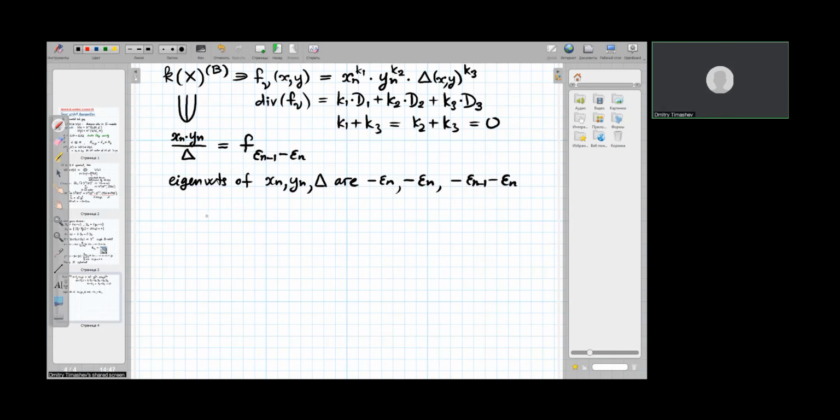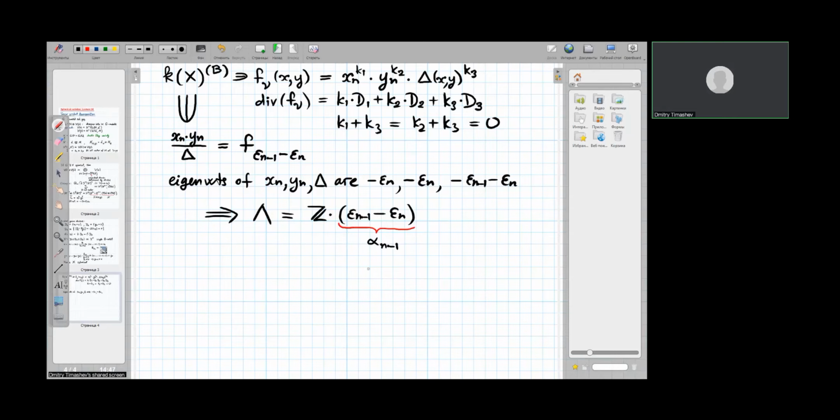In other words, the weight lattice is generated by the weight epsilon n minus 1 minus epsilon n. I will denote this, for brevity, by the standard notation alpha n minus 1.